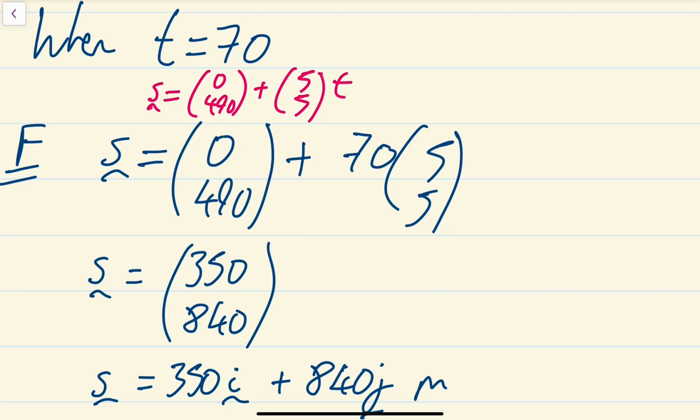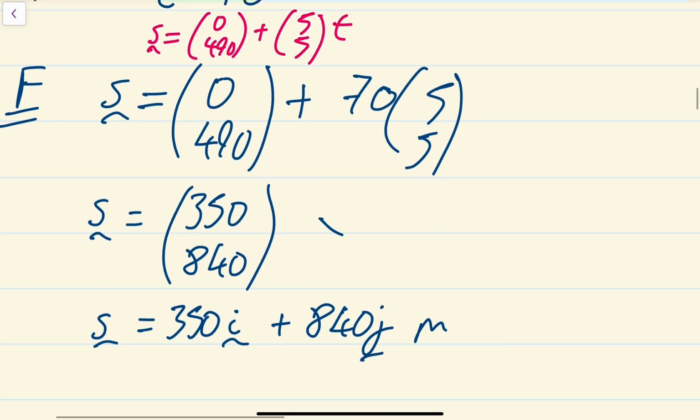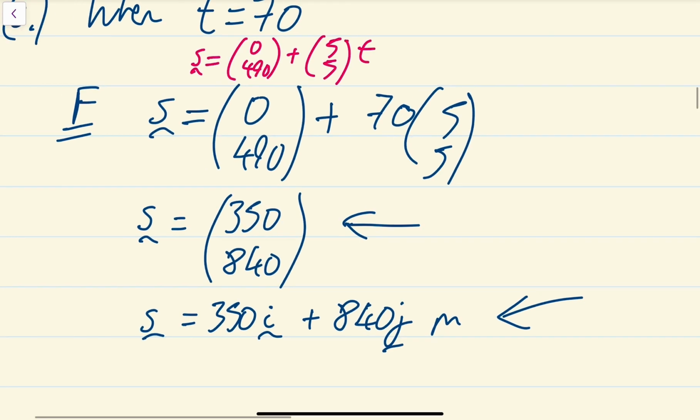And you can see then that it's 0 plus 70 times 5, and then 490 plus 70 times 5. So it works out as 350i plus 840j. A column vector would be fine too, but just because I gave the question in terms of i and j vectors, I give it back in terms of i and j vectors.